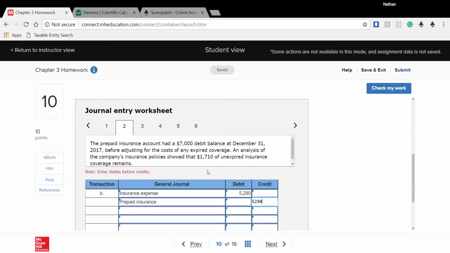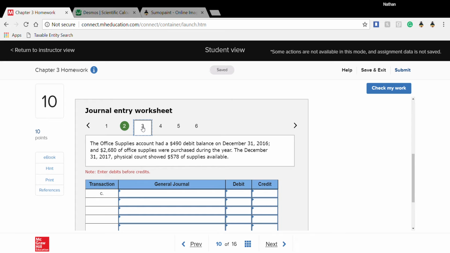The reason I did this one is just because of the wording. Watch out when it says unexpired insurance coverage remains. That just means the same thing as ending balance. So take the beginning minus the ending, and that should get you the amount that needs to be adjusted out.